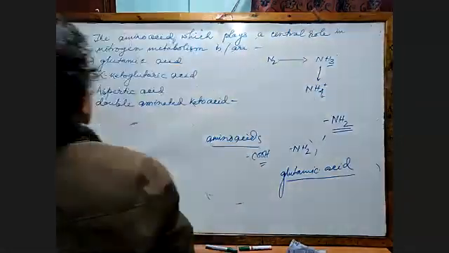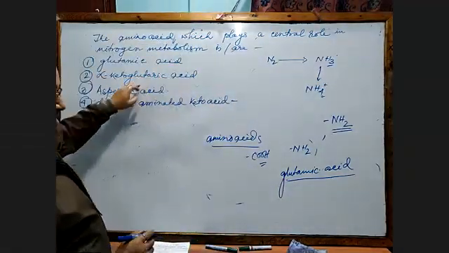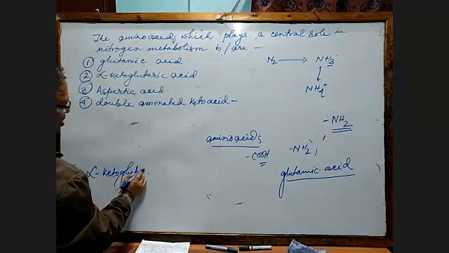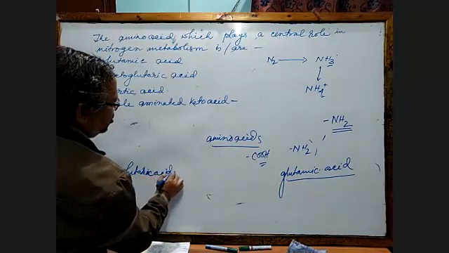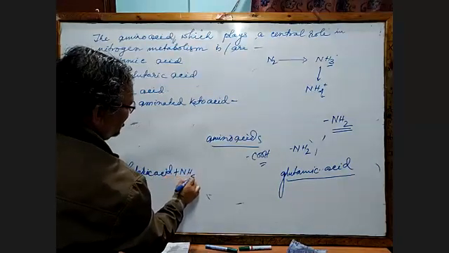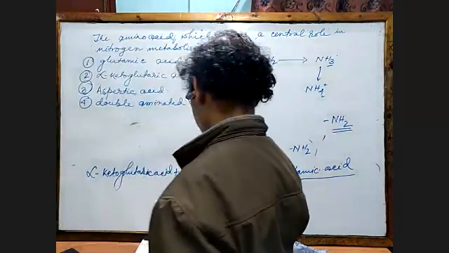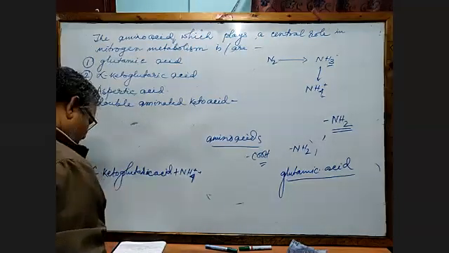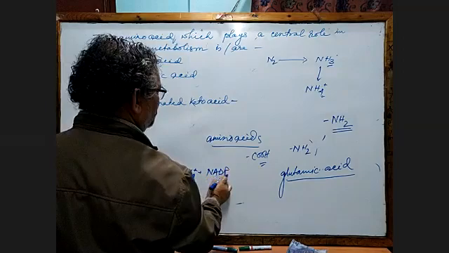It is produced from alpha ketoglutaric acid, to which is added ammonium plus NADPH, and it forms glutamic acid.